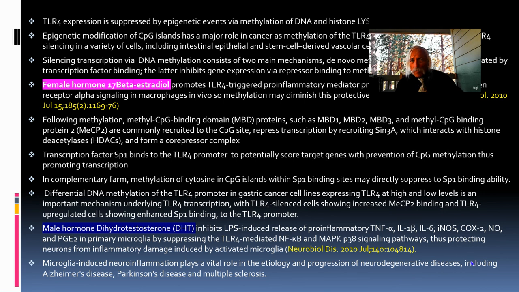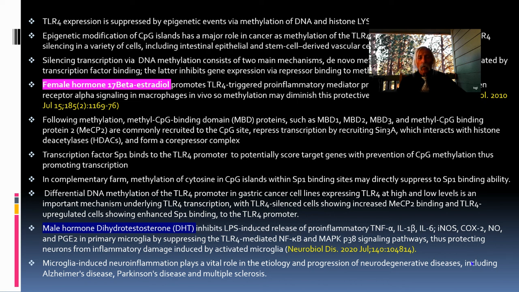In primary microglia, by suppressing the TLR4-mediated transcription factor NF-kappa B, and then the MAP kinase p38 signaling pathway. Thus, ultimately, so you have to follow through the whole sentence, protecting neurons from inflammatory damage induced by activated microglia.